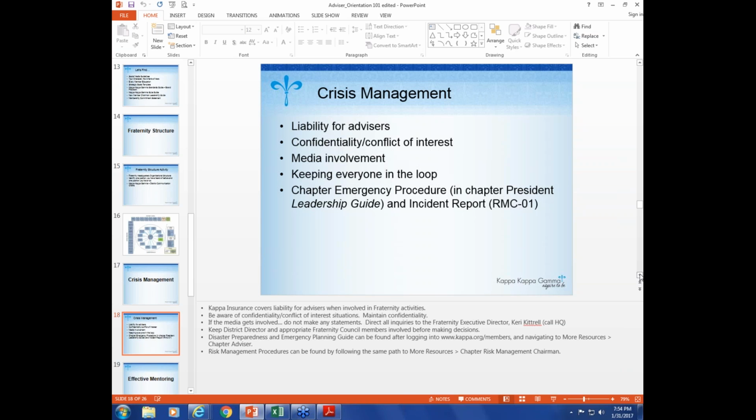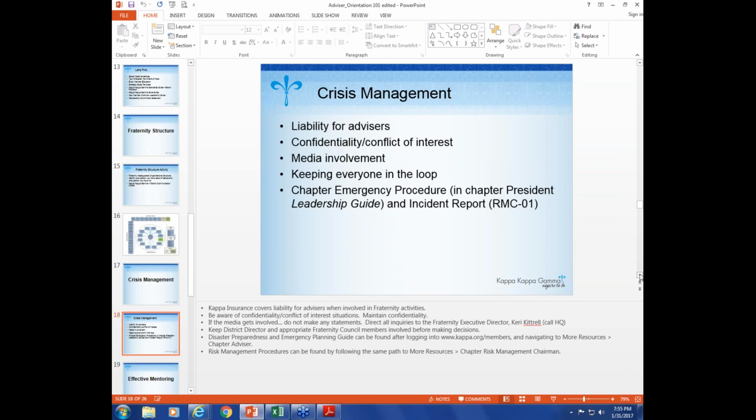And you should understand what the chapter emergency procedure is. It's in the chapter president's leadership guide. There is information in addition on disaster preparedness, and there's an emergency planning guide, and it's also listed under the chapter advisors on the blue bar page in the advisor booklet.